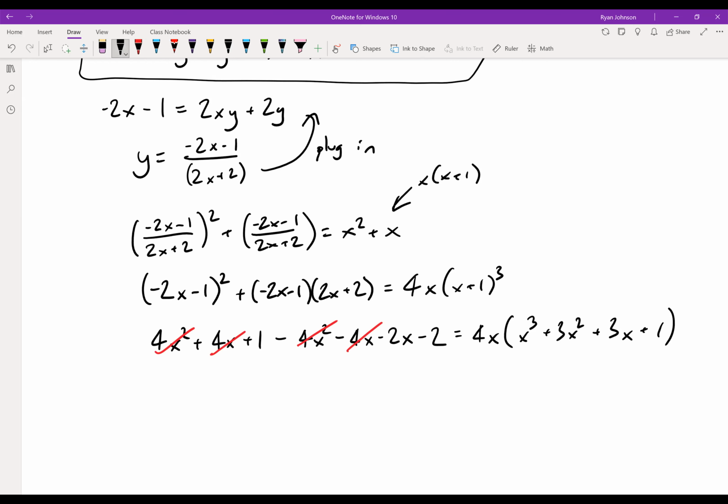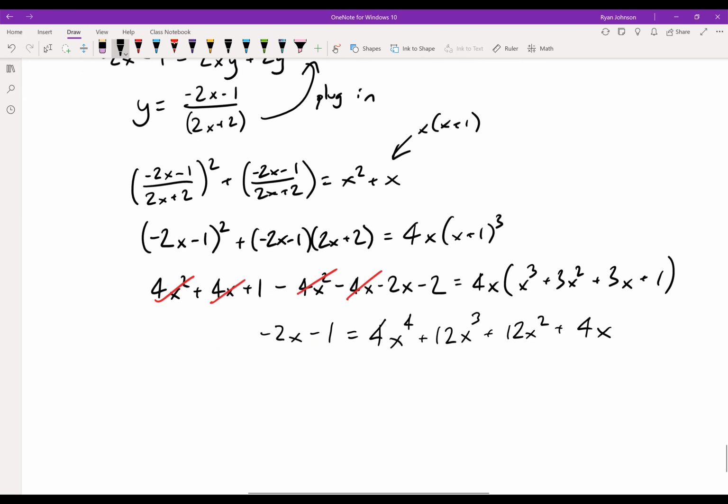And so then I've got basically negative 2x minus 1 equals 4x to the fourth plus 12x cubed, so multiplying the 4x times everything, plus 12x squared plus 4x.